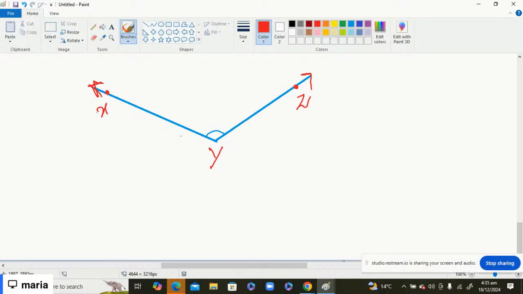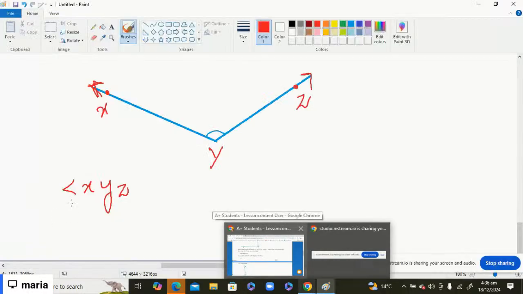The name of this angle is, for example, angle XYZ. This sign shows the angle, and then X, Y and Z.